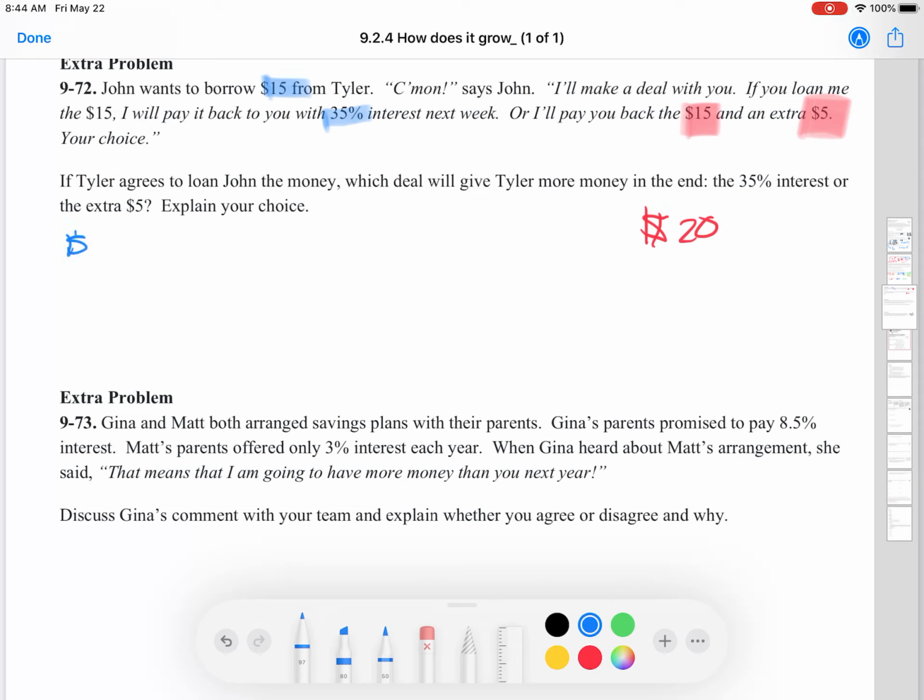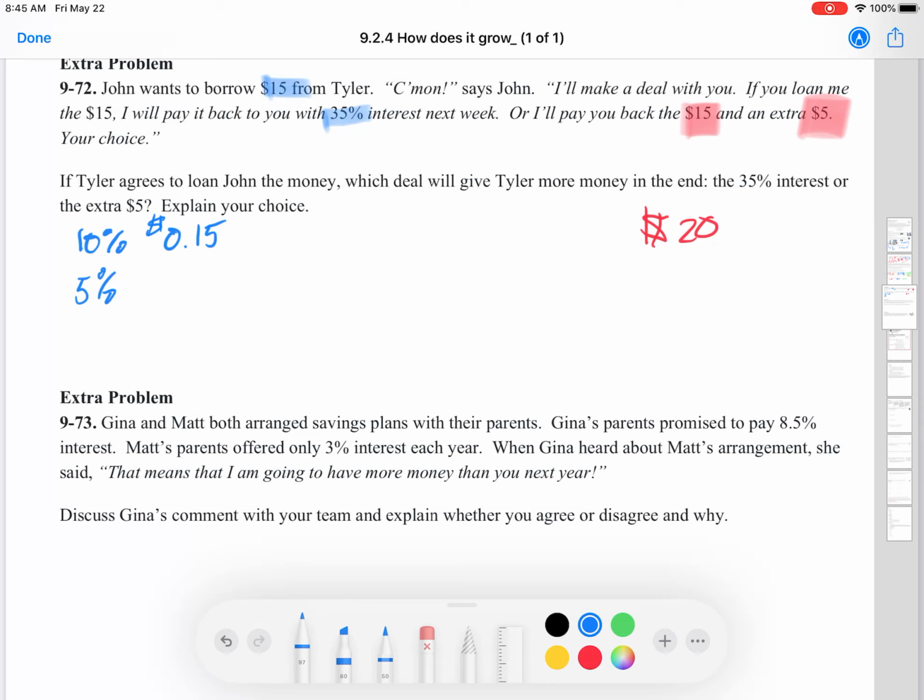10% of $15 is, whoops, I want 10% is $0.15, right? 0.15, and now 5% is half of that. Half of 15 cents is 7.5.